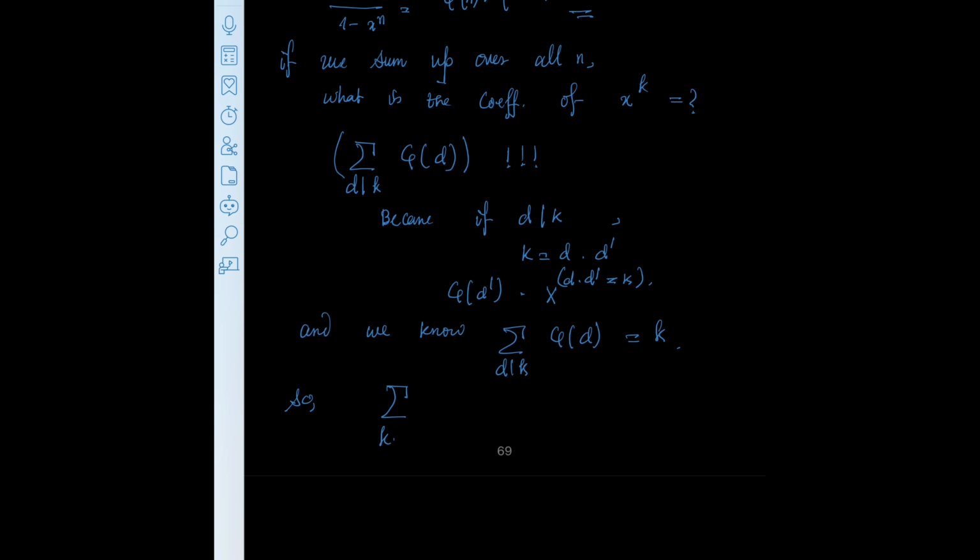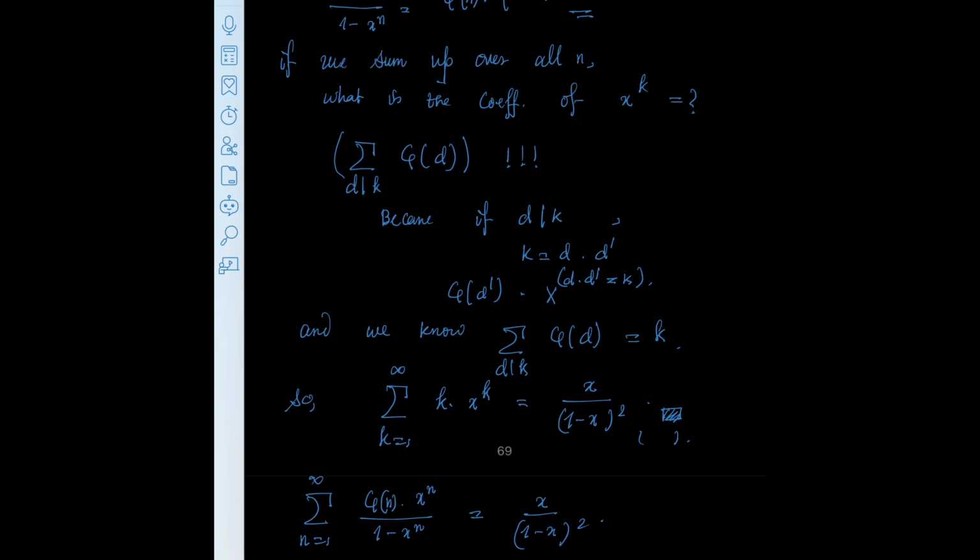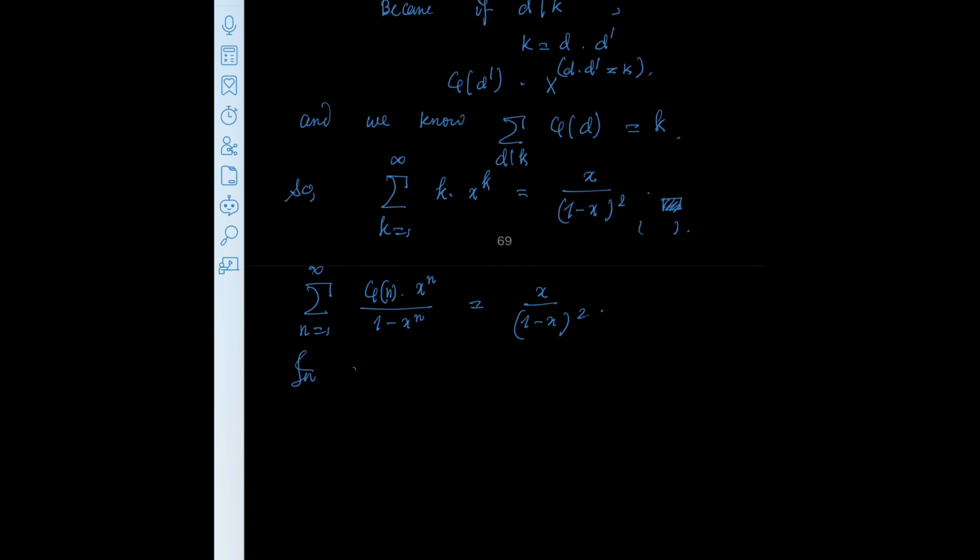So the right hand side is the sum over k from 1 to infinity of k times x to the power k, which is x by 1 minus x whole squared. It's a very nice formula. So that means the sum over n from 1 to infinity of phi n times x to the power n divided by 1 minus x to the power n is x by 1 minus x squared.